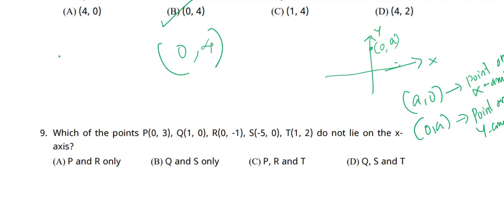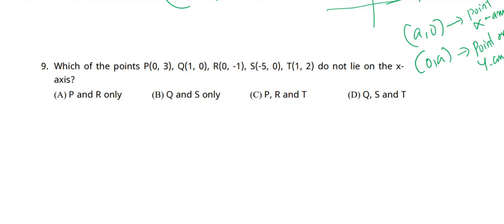Okay, next question. Which of the points P(0, 3), Q(1, 0), R(0, -1), S(-5, 0), T(1, 2) do not lie on the x-axis? So which of the points do not lie on the x-axis?